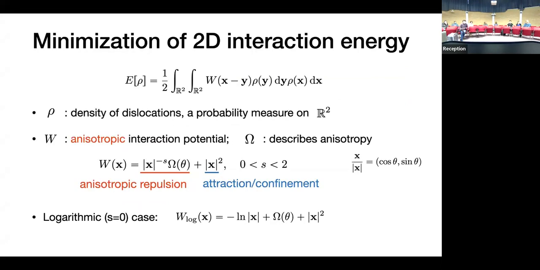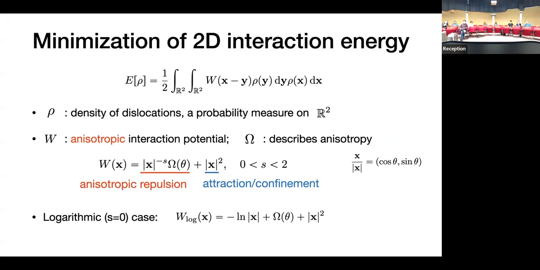Okay, so this anisotropic property of the interaction potential means that your W is not merely a function of the modulus of x. It also involves some dependence on the angular variable, which is denoted as theta in the two-dimensional setting.